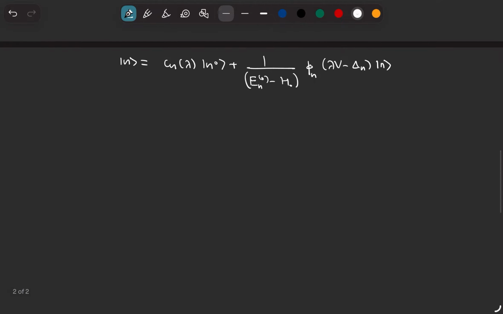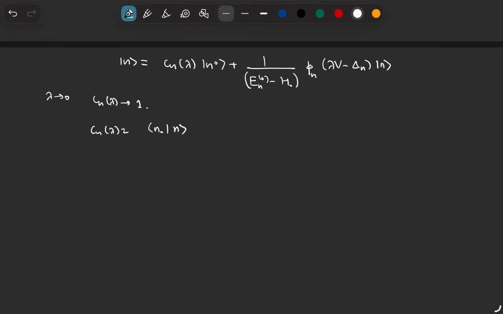Now, in principle, when Λ goes to 0, Cn of Λ should go to 1, right? So it takes care of things totally. And Cn of Λ is equal to ⟨n0|ψn⟩.